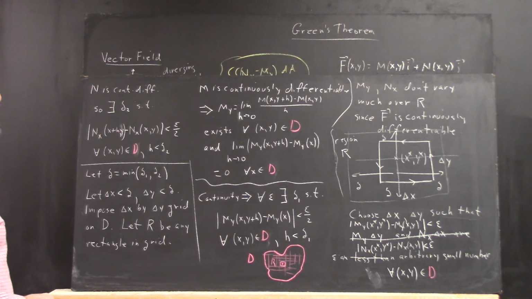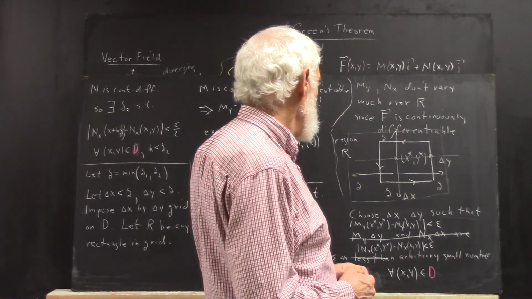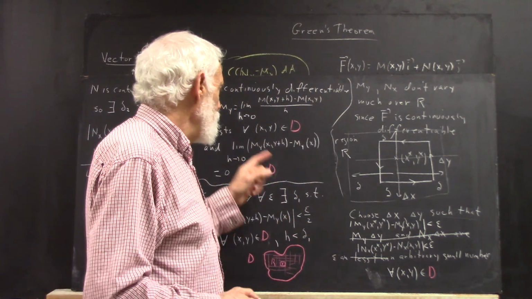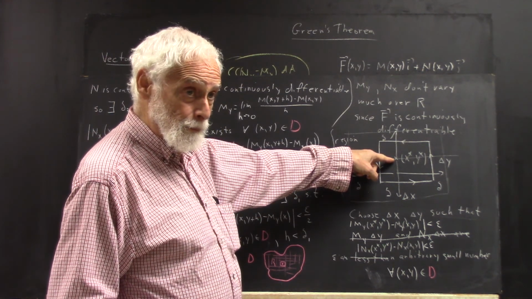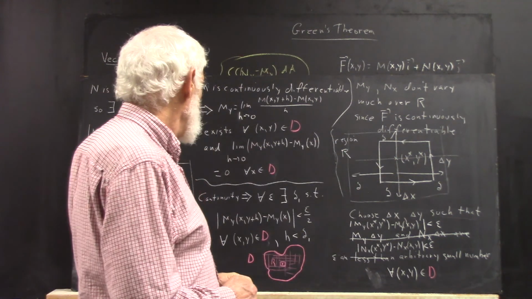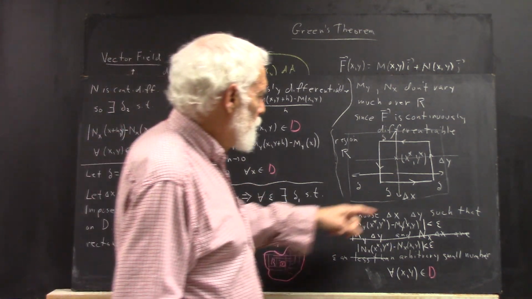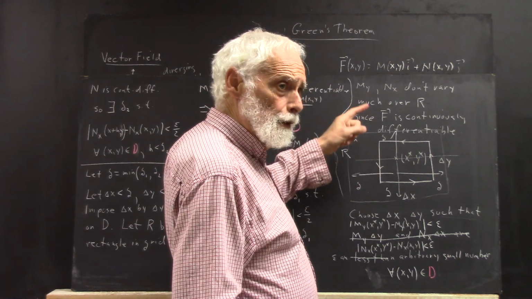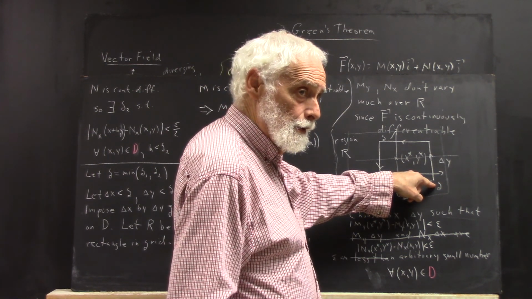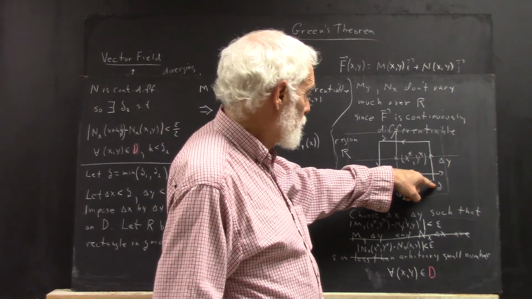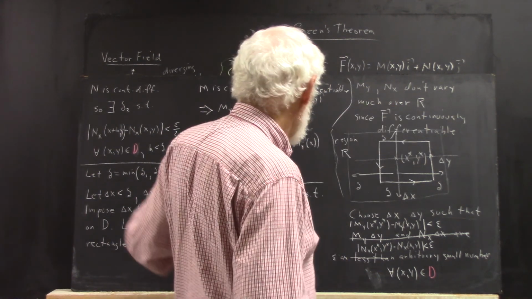Okay, now from the fact that My varies by less than epsilon over 2 from its value at x star, y star, and that so does Mx, you can conclude that the difference in magnitude between the value of M on this edge of the rectangle and on this edge of the rectangle has to be less than epsilon over 2.